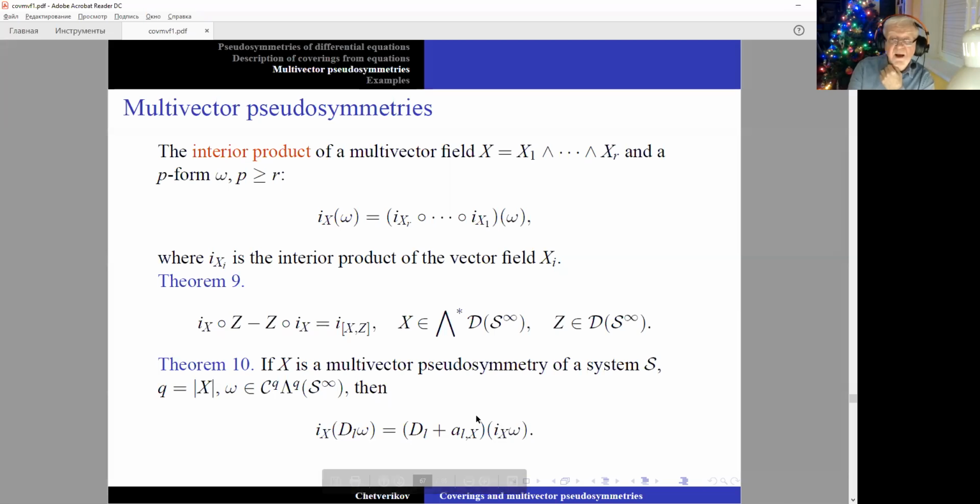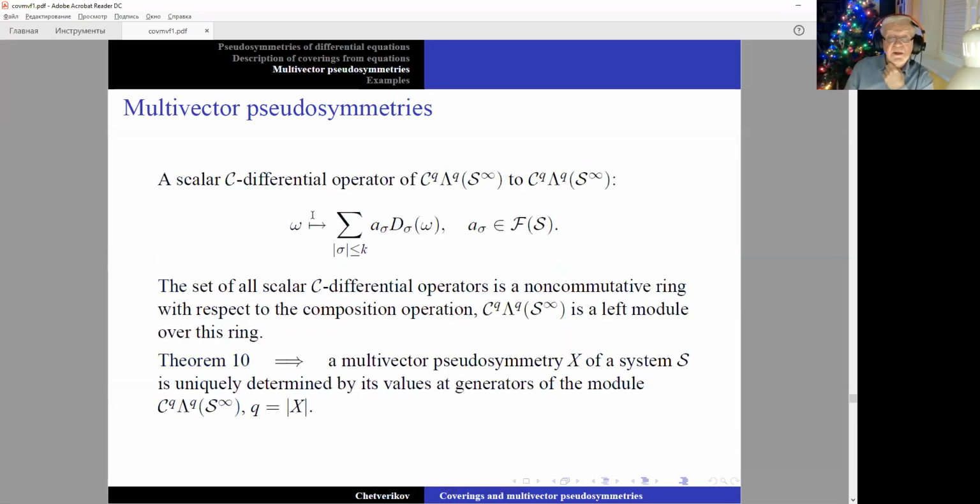And this fact allows us to compute a multivector pseudosymmetry, namely a scalar differential operator of Q Cartan form to Q Cartan form of this form.